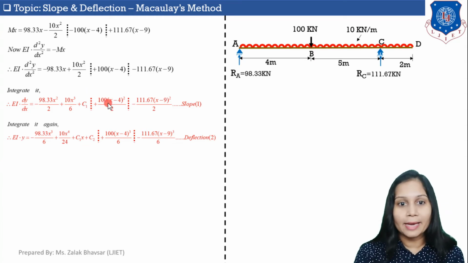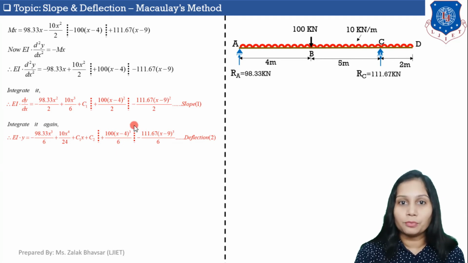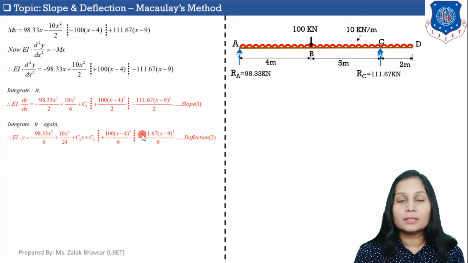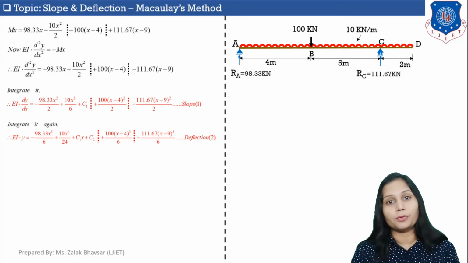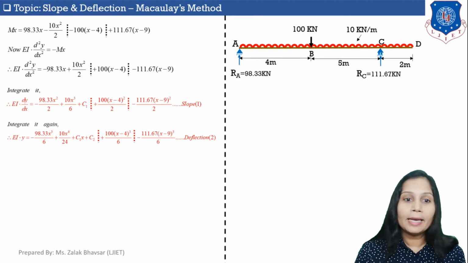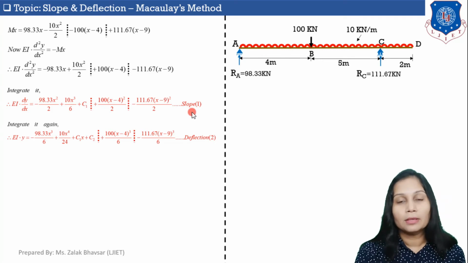Integration of 100 (x minus 4) square by 2 is equal to 100 (x minus 4) cube by 6, minus 111.67 times integration of (x minus 9) square, which is equal to (x minus 9) cube by 3, and 3 multiplied with 2 means 6. So this is our second equation which we will use for calculating deflection. Here in second equation y is deflection and in first equation dy by dx is slope.